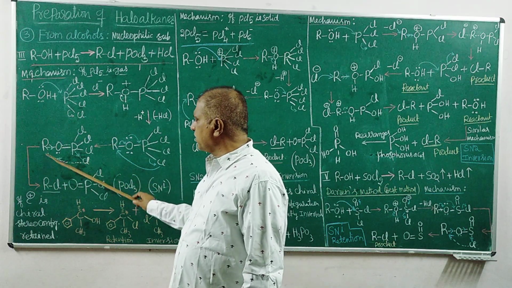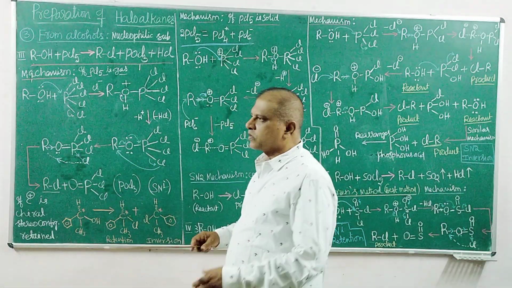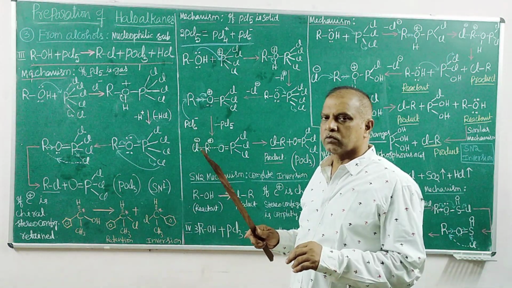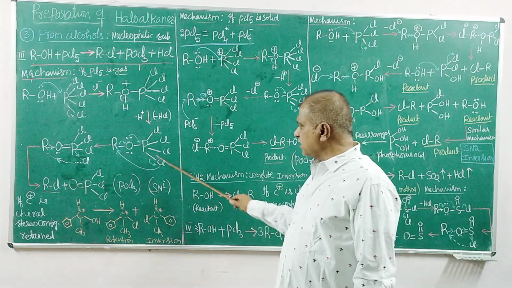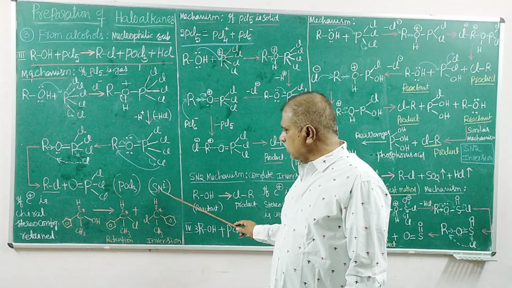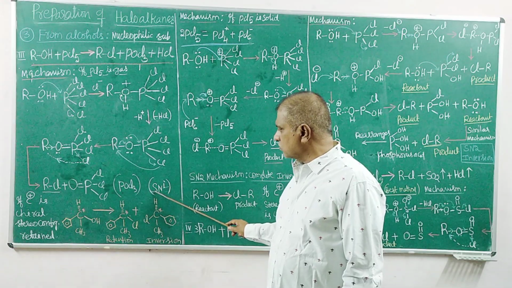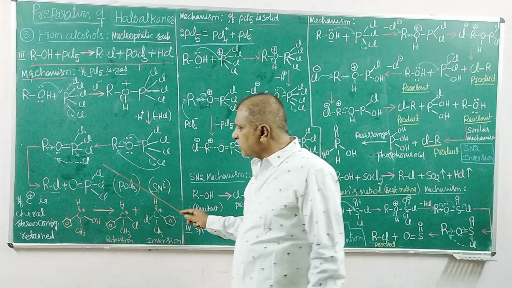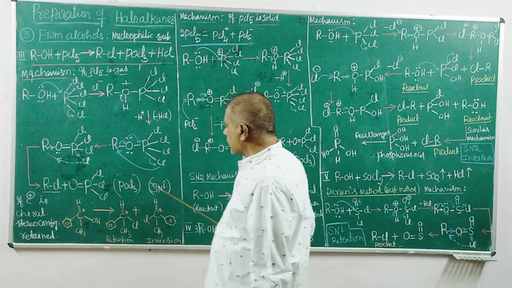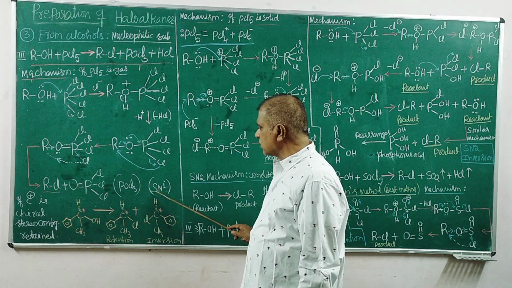So this rearrangement is called intramolecular rearrangement, within the molecule, not between the molecules. The mechanism is called intramolecular nucleophilic substitution. This kind of rearrangement, the nucleophile attack within that molecule, is called intramolecular nucleophilic substitution.